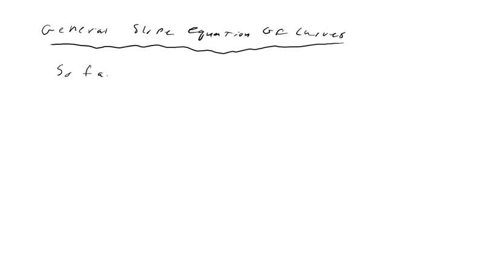So far, what we know is that if you have a curve, we can find the slope of the curve at a certain value a.